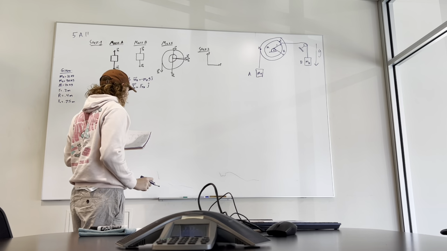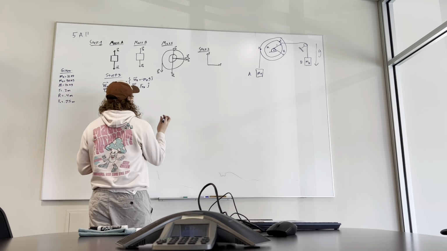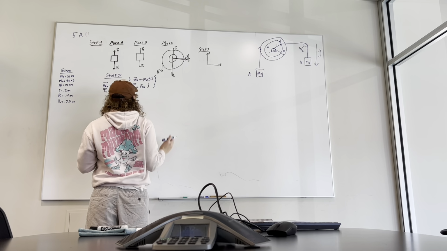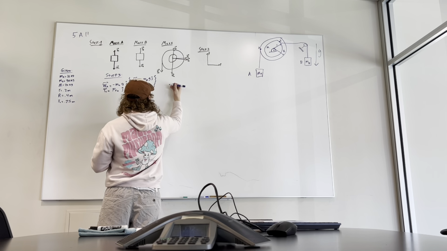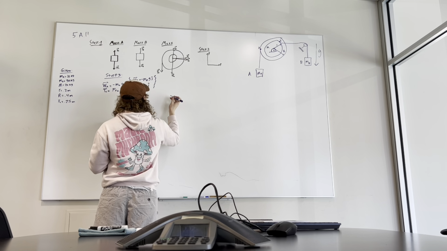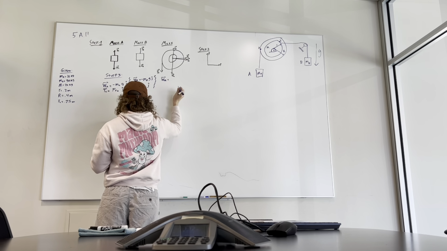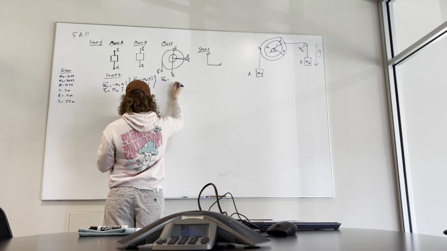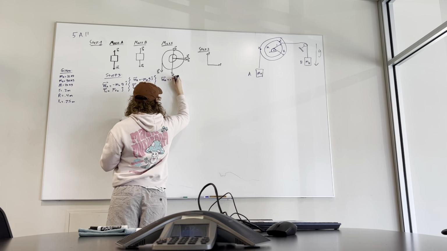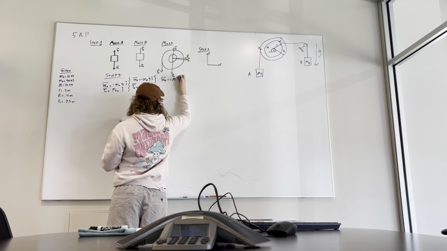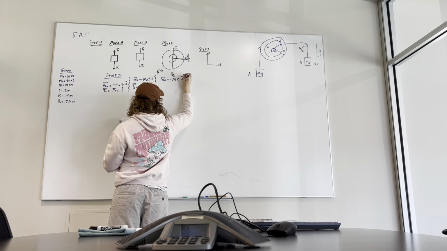Now for our third free body diagram, we have a few more equations. We will start with the weight force going down. We'll label that W capital M, which equals negative capital M times gravity in the J direction.